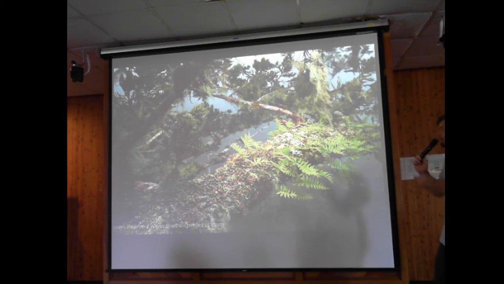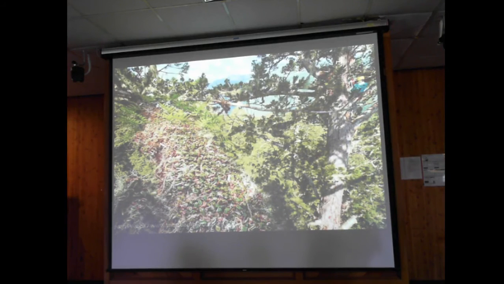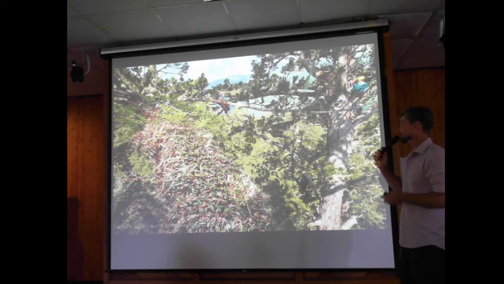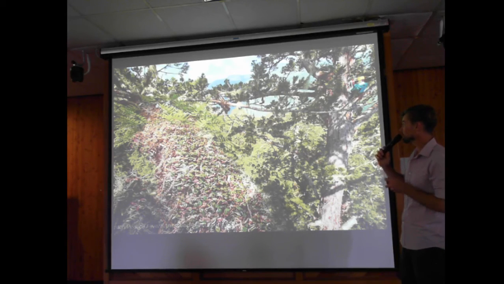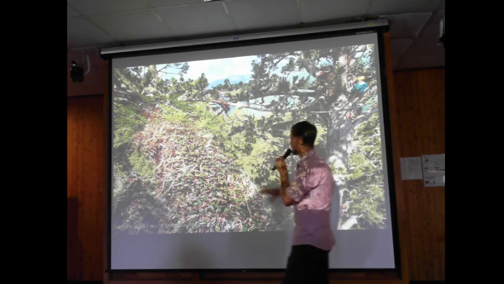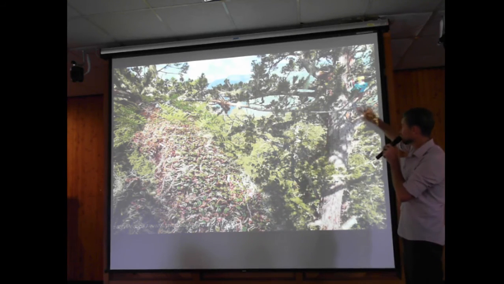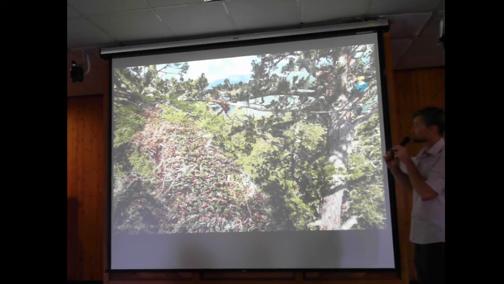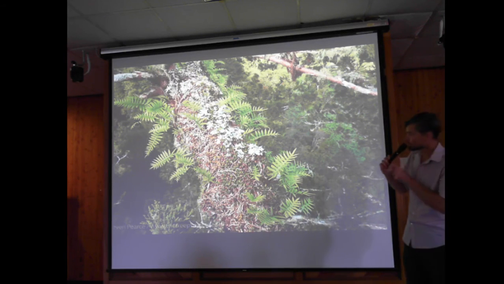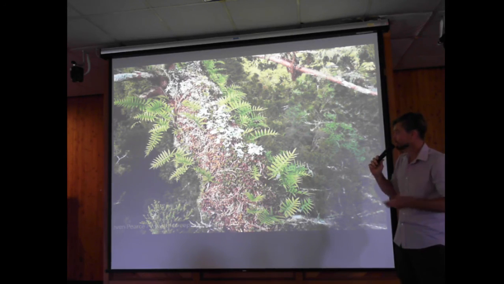So again, illustrating a new environment. I went back the next day to try and photograph it again, but the lighting conditions weren't very good. I wanted to get this spectacular branch with the middle sister in the background, and there's sky at the top. And there's another photo of it. Again, just an absolutely stunning environment.